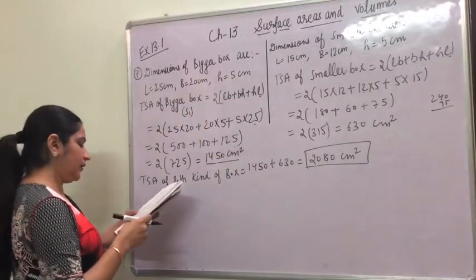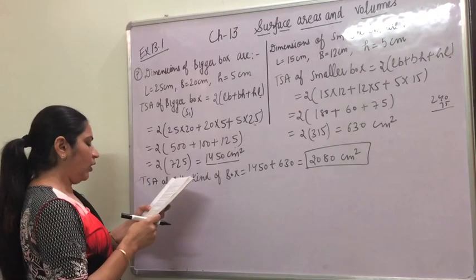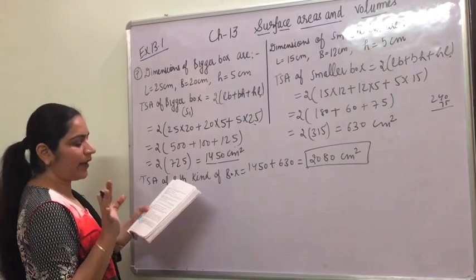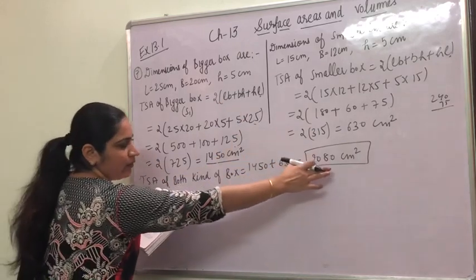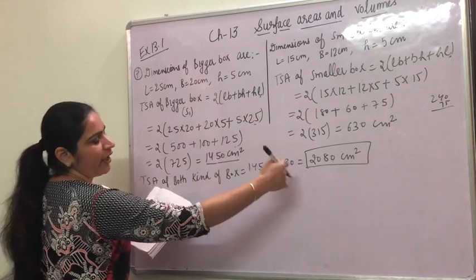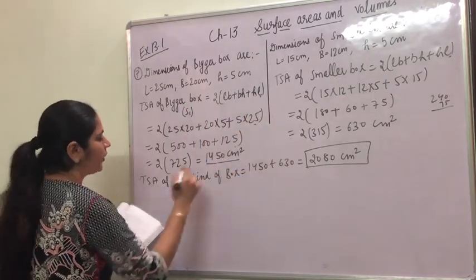Now here they are saying for all overlaps 5% of the total surface area is required extra. Whatever total surface area is coming for both the types of boxes, we have to find 5% extra for the overlapping.